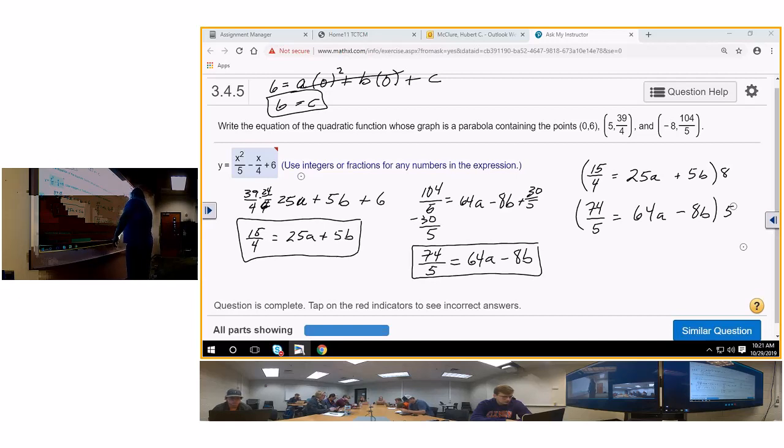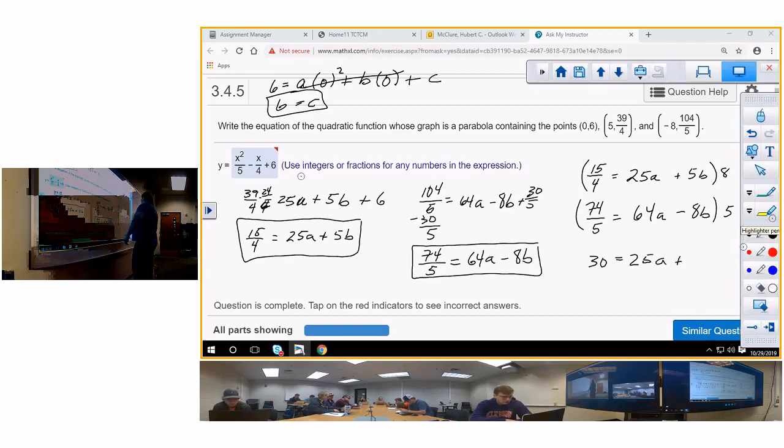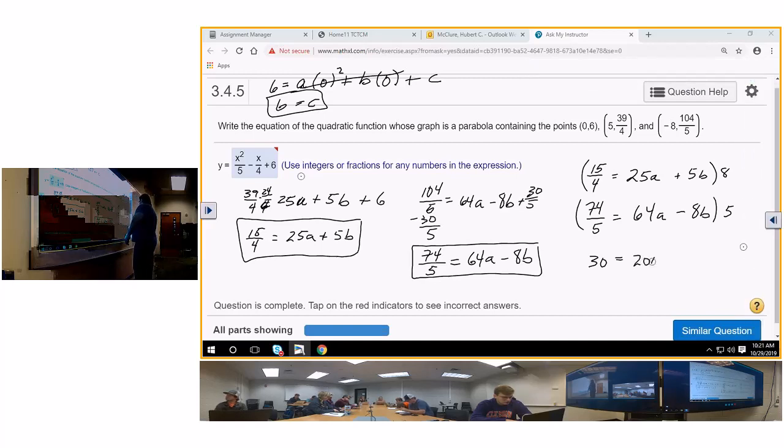2 times 15 is? 30 equals 25A plus what? I'm sorry, I didn't do that right. 200A plus 40B. 5's cancel. 74 is equal to 5 times 64, which is going to be 320, minus 40B.